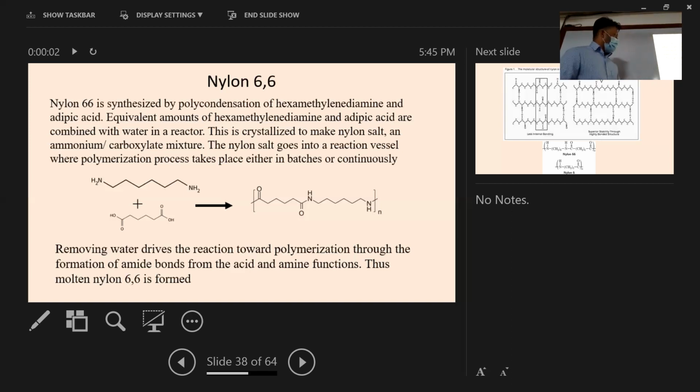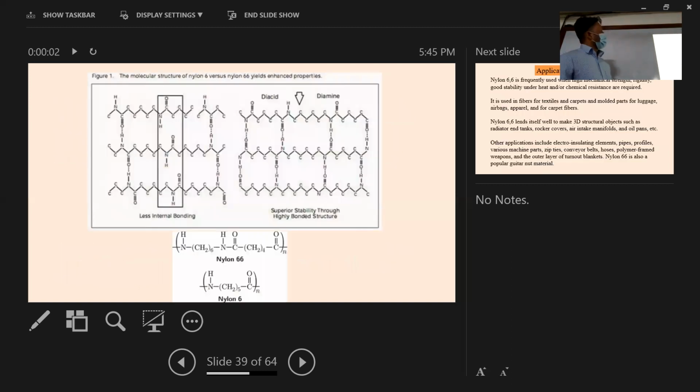Through the formation of amide bonds from the acid and amine functions, the molten nylon 6,6 is formed. These are the molecular structures of nylon versus nylon 6,6. This is nylon 6,6 and this is nylon. So we will be interested in this, not this.